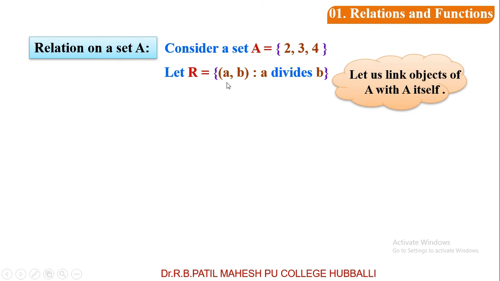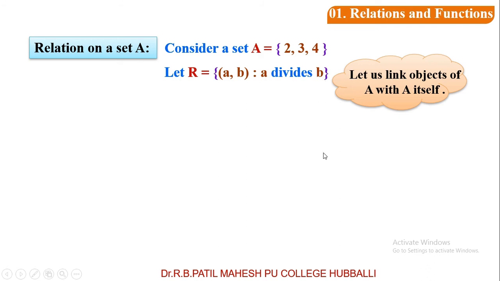Here I am not listing the ordered pairs. I am writing one ordered pair and I am giving the link between a and b. What is that relation I am giving you between a and b? a divides b. If you write (a,b) belongs to R, it means that a divides b. Remember this first point.